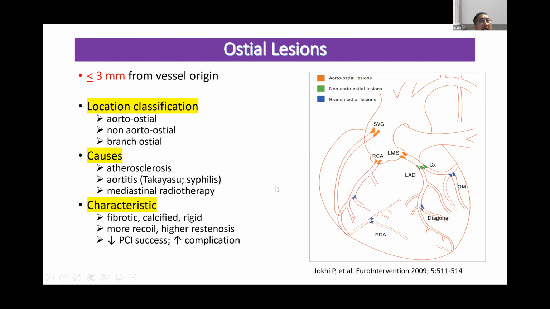The causes can be atherosclerotic lesion, aortitis, or mediastinal radiotherapy. And typically, they are more fibrotic and often calcified and more rigid and have higher recoil and therefore a higher restenosis rate, and are associated with a lower PCI success rate and a higher complication rate.